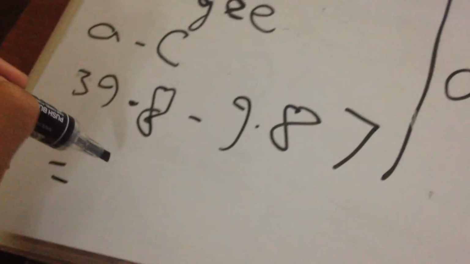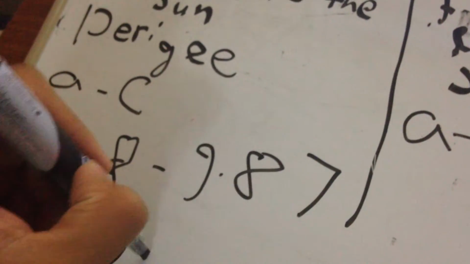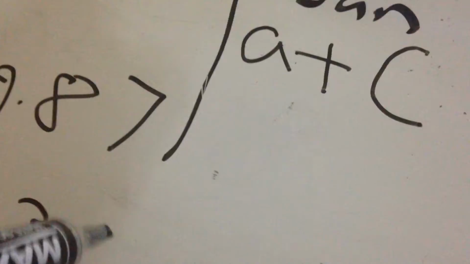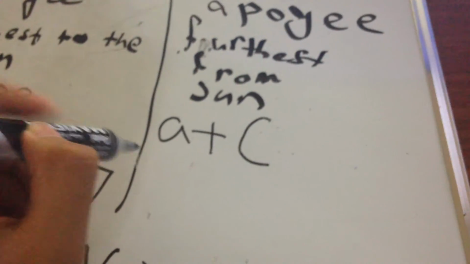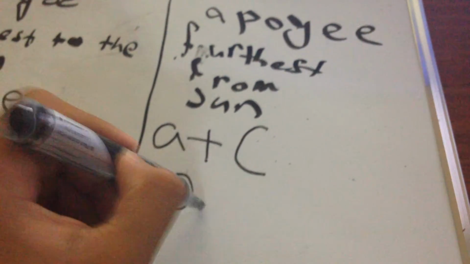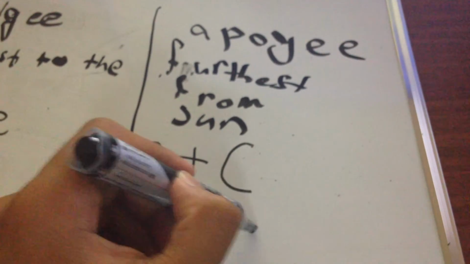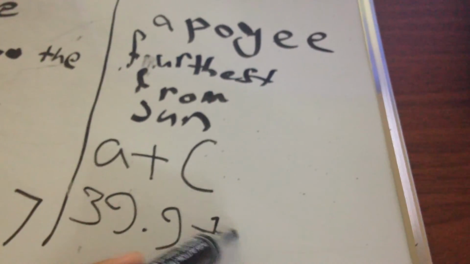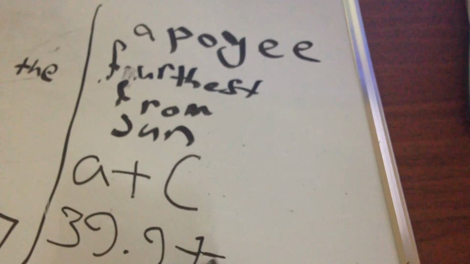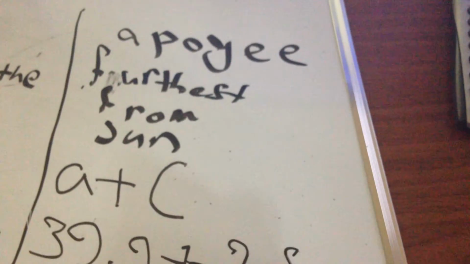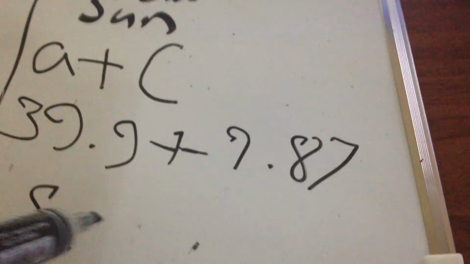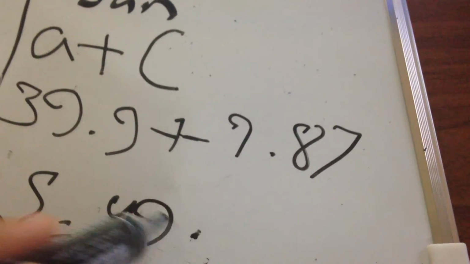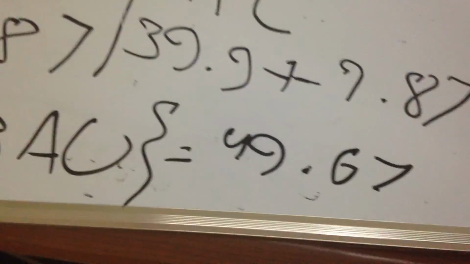This will give us 29.93 AU. As for the apogee, which is furthest from the sun, 39.8 plus 9.87, which is 49.67.